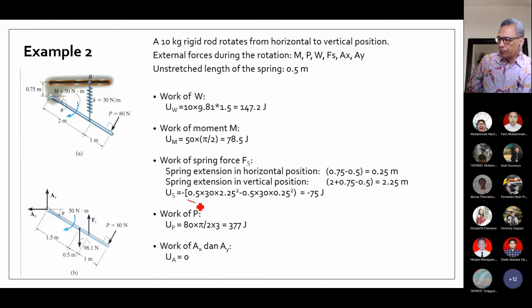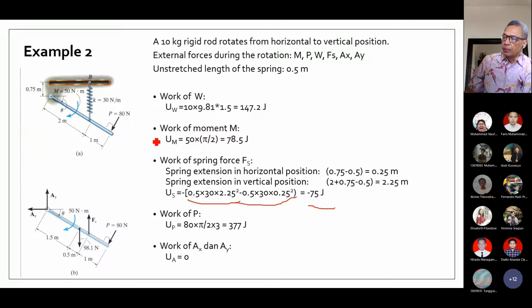This is the work done by the spring from the position where the spring is elongated by 0.25 meter to the last position where the elongation is 2.25 meters. You obtain that the work done by the spring is minus 75 joules.